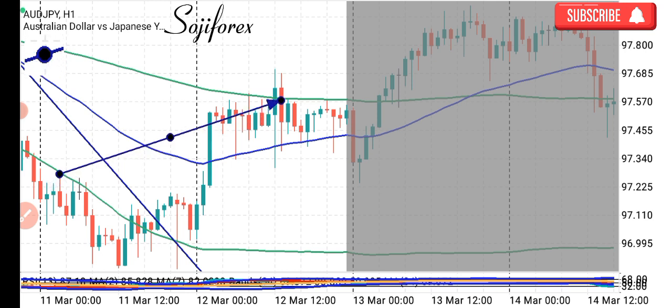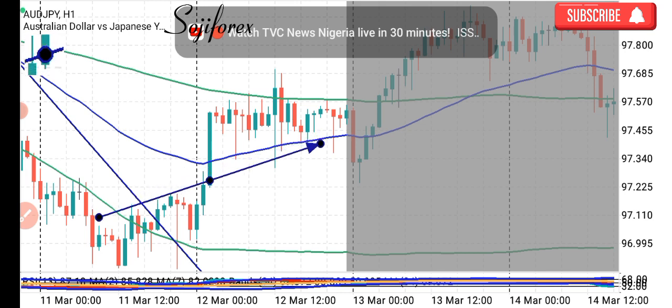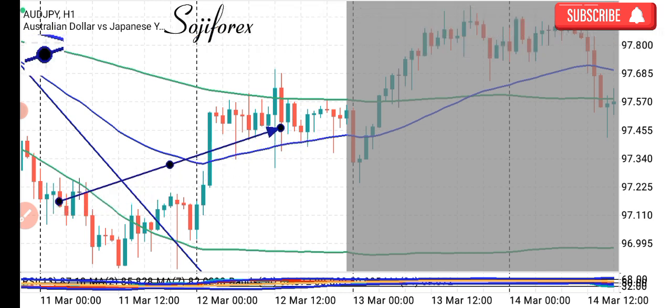This is very, very important. Having only one engulfing candle is not enough for us to make entry. We need another bearish candle to follow this one. Then after that, we can make our entry. So we did not get a follow-up candle, and this entry is not valid for us.